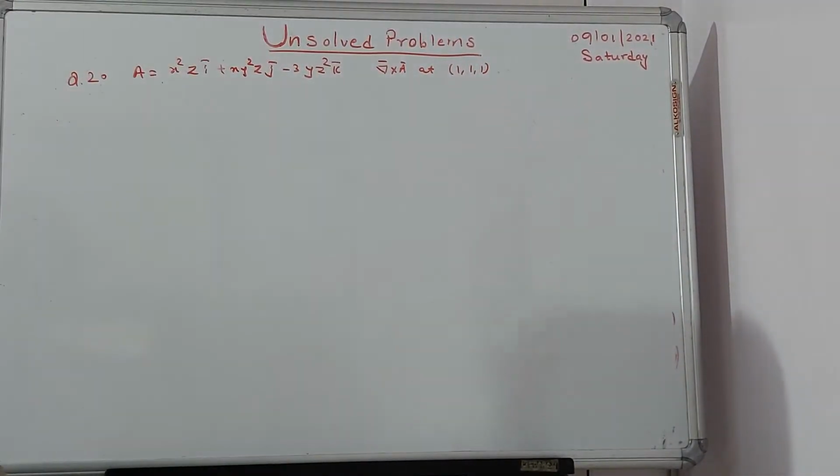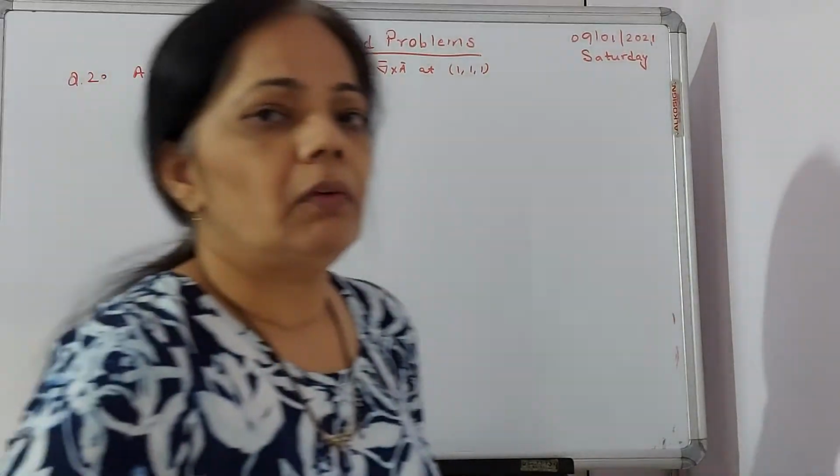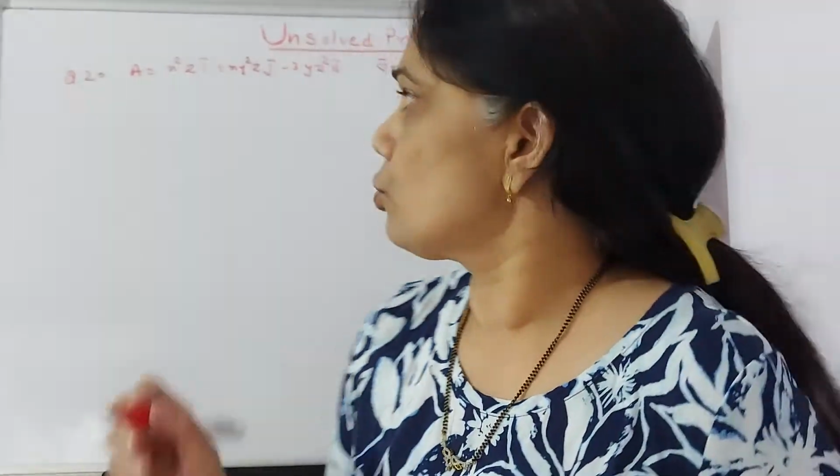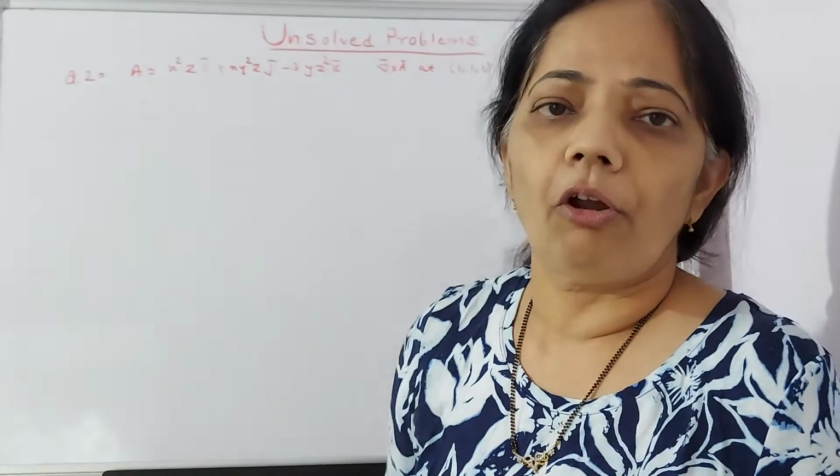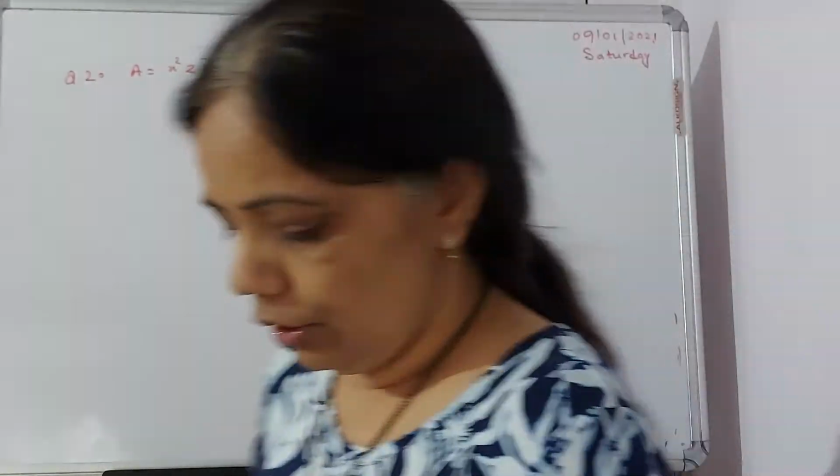Determine the value. So here what is done? You have been given a vector A and you have been just asked to find simply curl of A at a given point. Right?